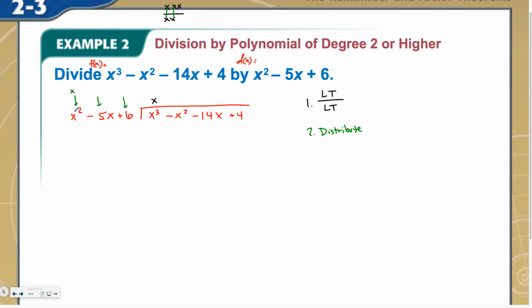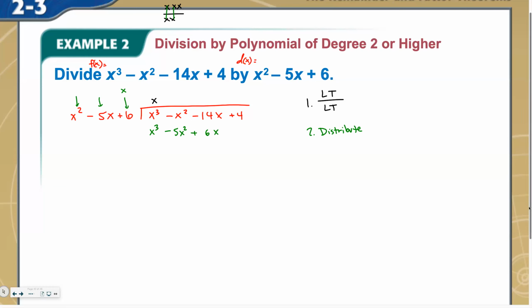What is x times x squared? X cubed, that goes there. Now I'm going to multiply this x times negative 5x. Negative 5x squared, good. And now I'm going to multiply this x times 6, plus 6x. Good.